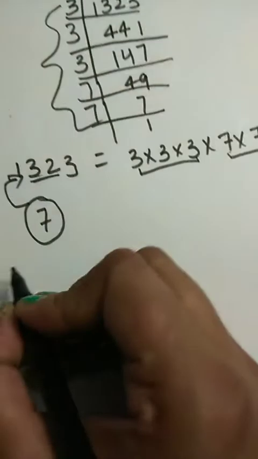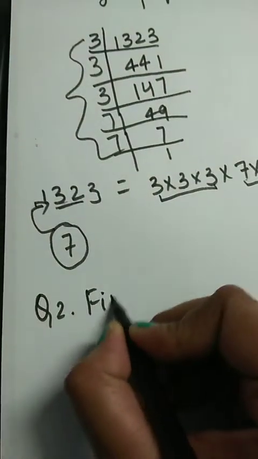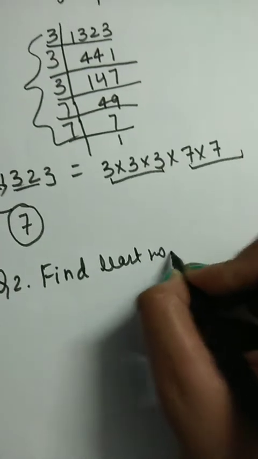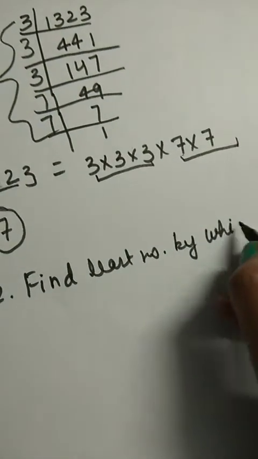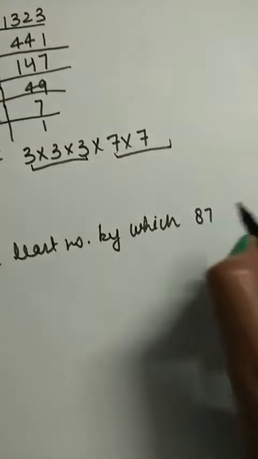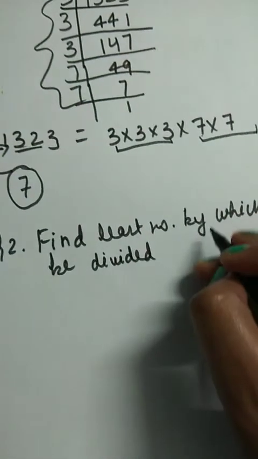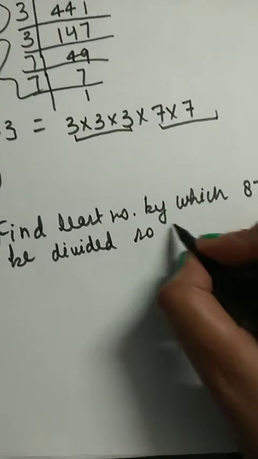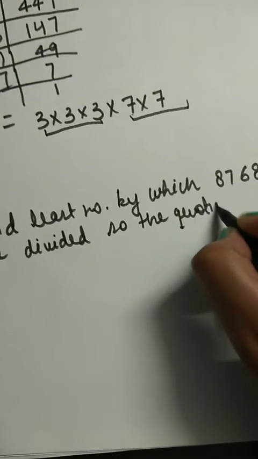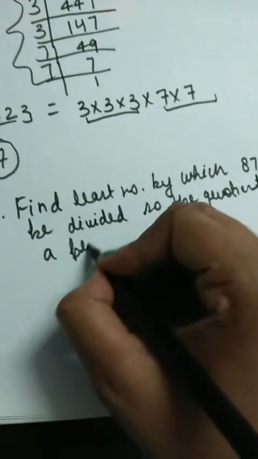Now the next question says that you have to find the smallest or the least number by which 8768 should be divided, so that the quotient is a perfect cube.